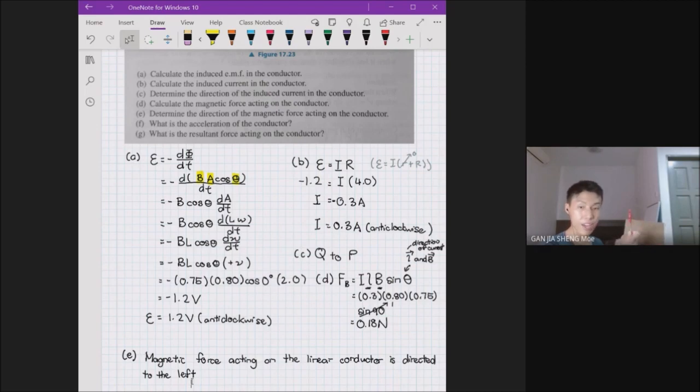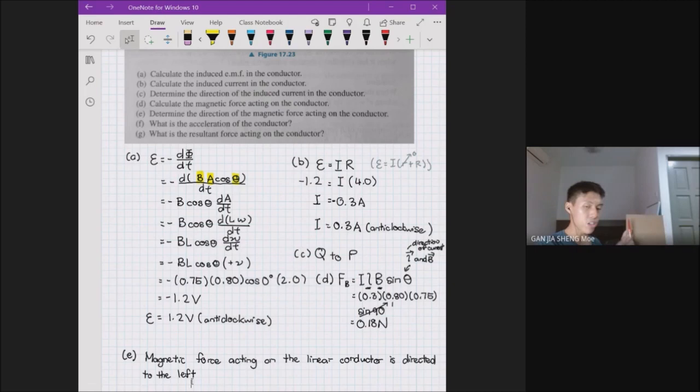The magnetic force is the effect of the magnetic induction. Because the magnetic force is due to induced current, the magnetic force experienced by the wire is induced by this motion. So the effect is a magnetic force, and the cause is me swiping it to the right.